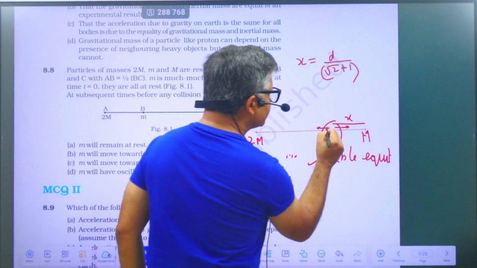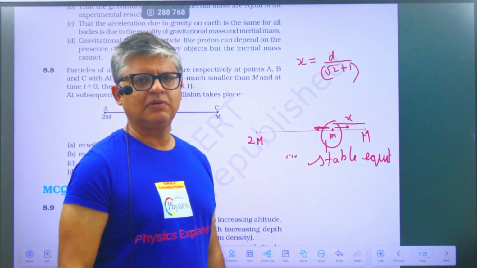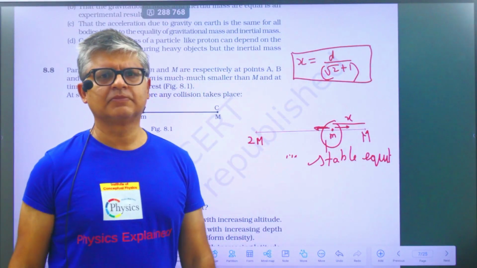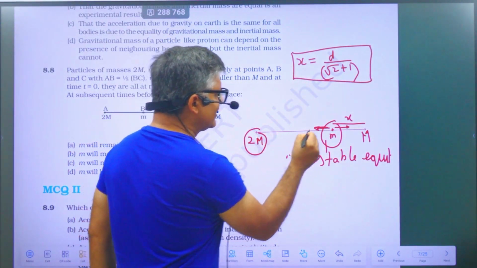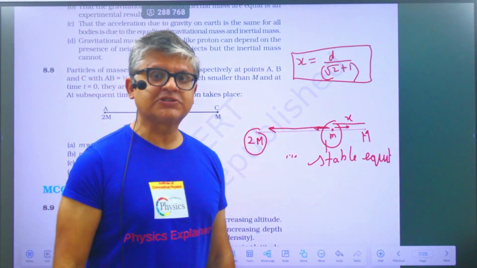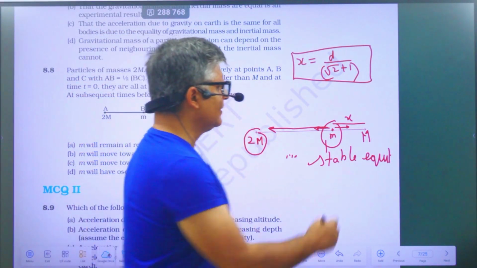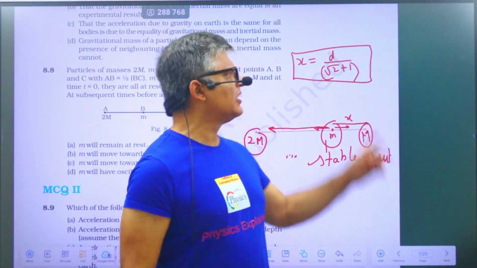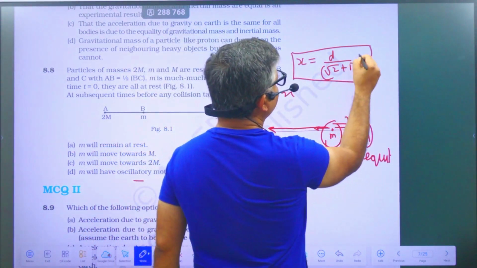Now, if I move this body a bit here, what happens? This particular distance gets disturbed. This mass will attract it, because now its force will become bigger than the force applied by m, because now your x has become greater than this.